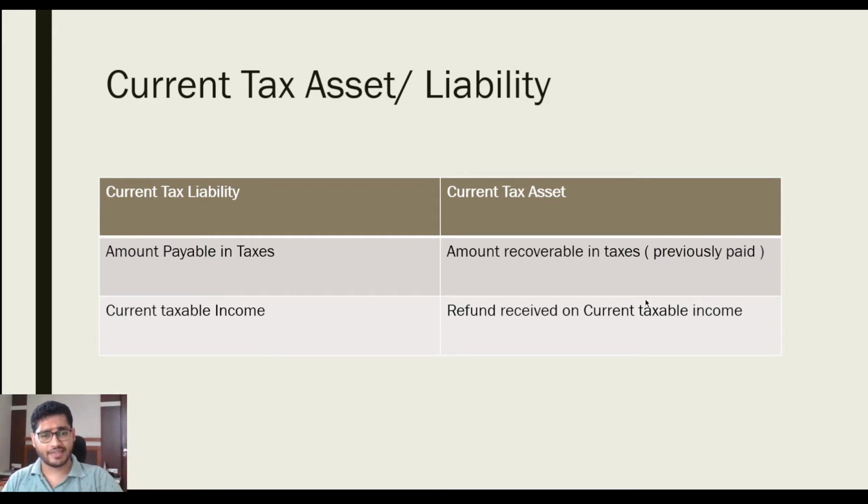The current tax asset is the refund received on current taxable income, or we can say it's just the opposite. Since we have already paid an advance of that current taxable income in the previous year, we receive a refund on that particular tax relief. So this is current tax asset and current tax liability.